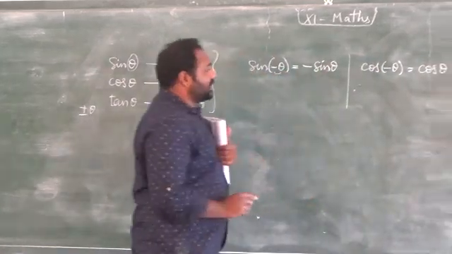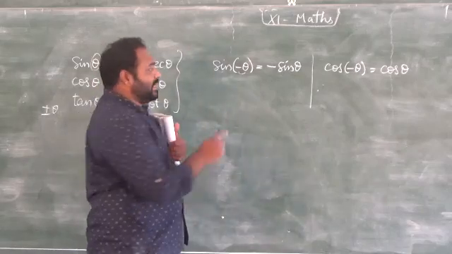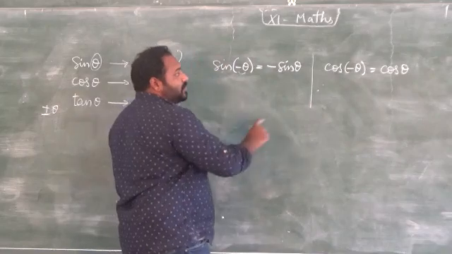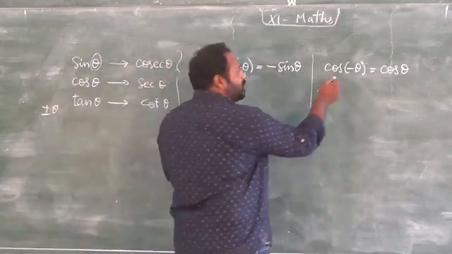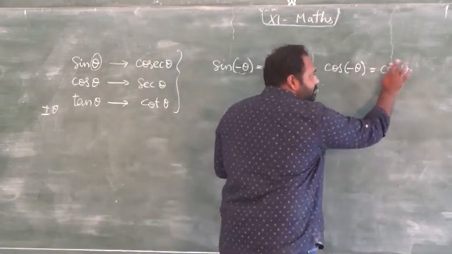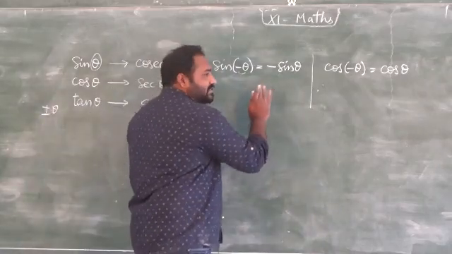So here you must understand, when you have a negative theta value in sin theta, the whole function will be negative. When you have cos of minus theta, with a negative argument in the cos function, the whole function will be positive. It is very important basic knowledge.